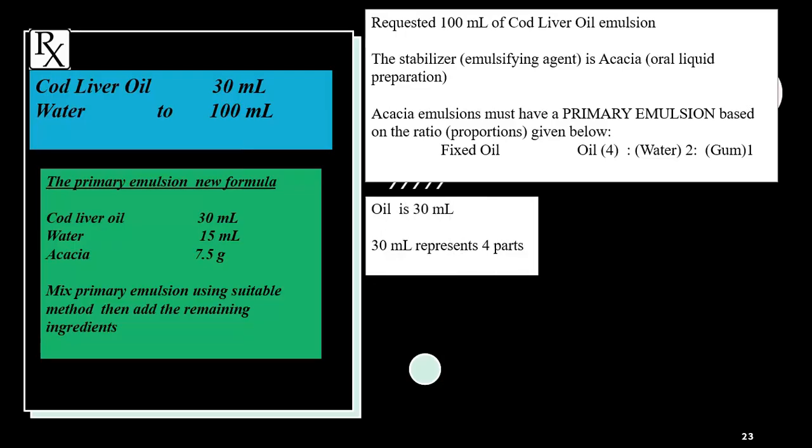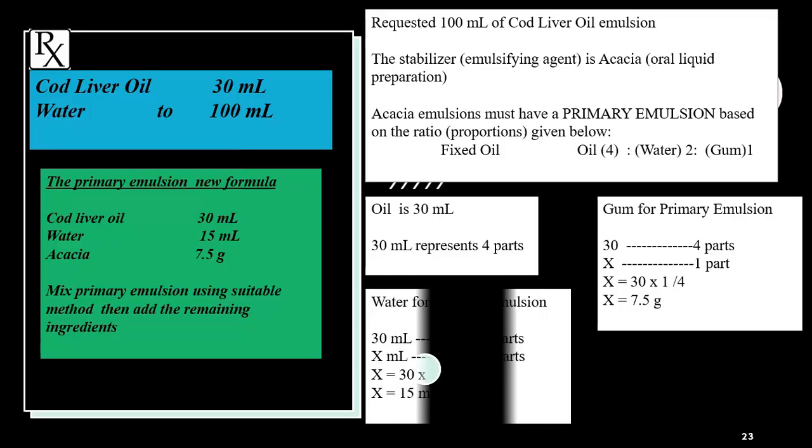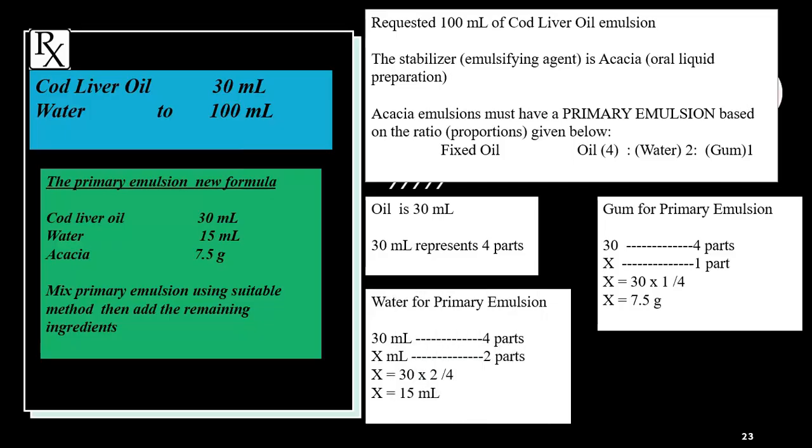So if the oil is 30 milliliter, that represents 4 parts automatically. So 30 represents 4 parts, so X represents 1 part. And so that is the calculation for the gum, because remember, the gum in the ratio and proportion is 1 part. The water represents 2 parts.